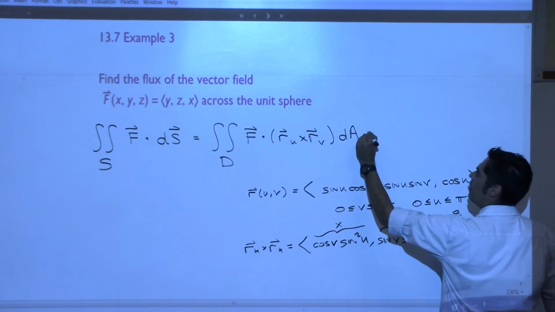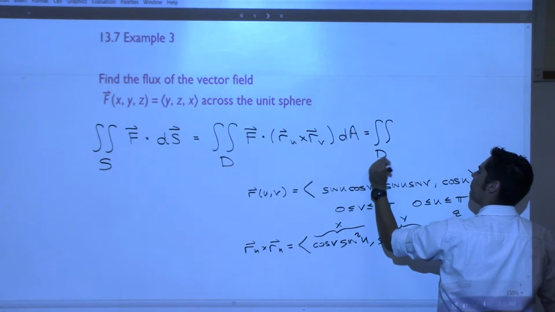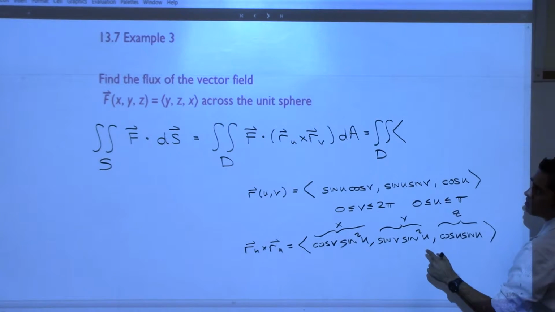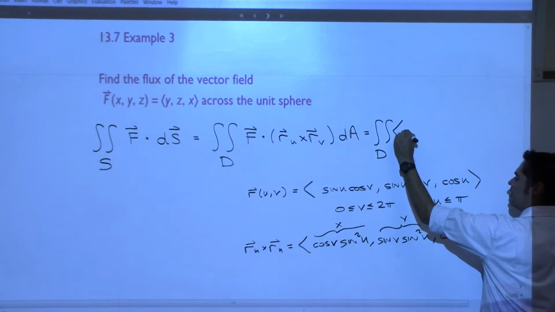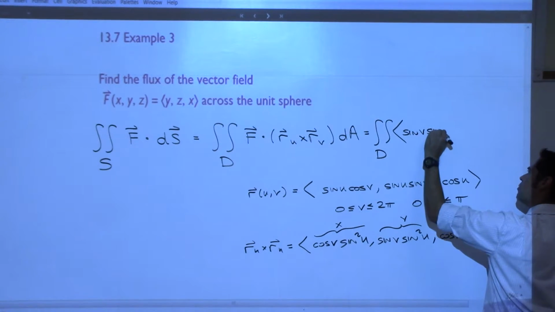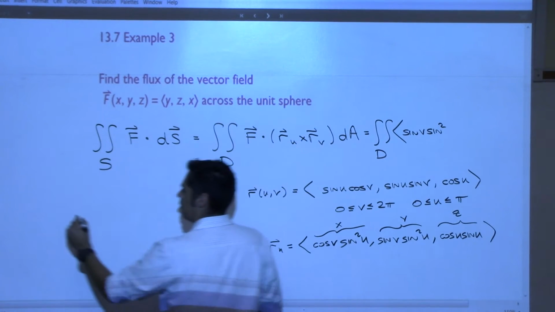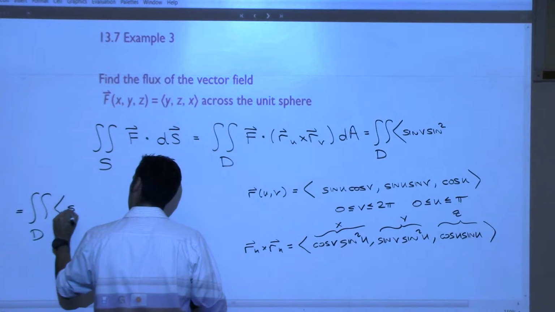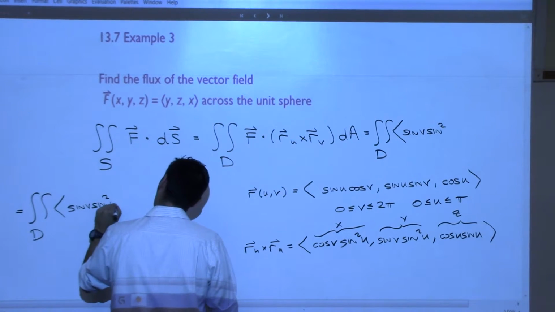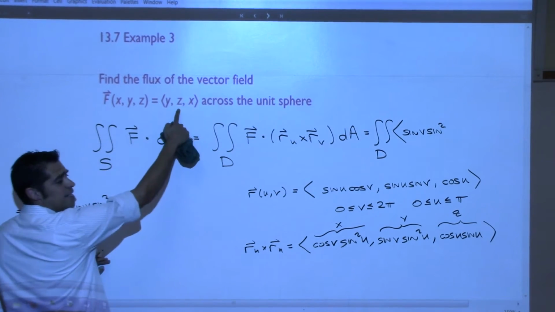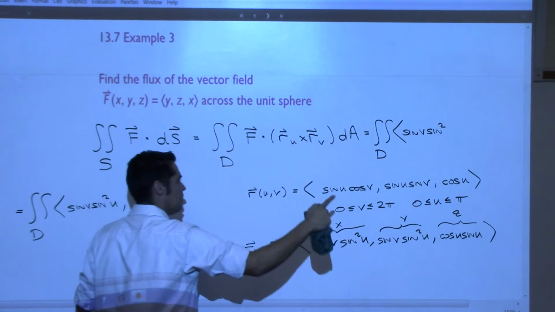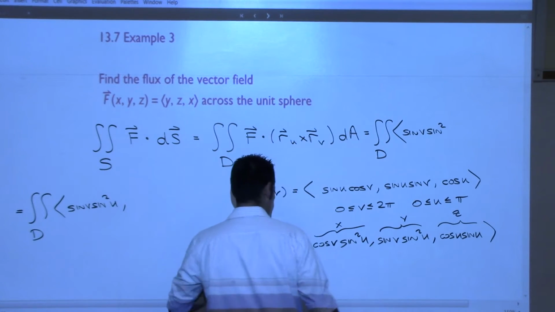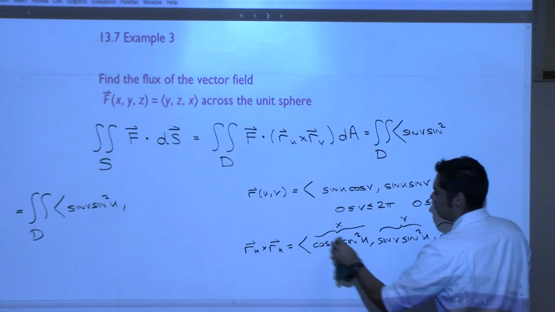So this double integral becomes a double integral over D. What is my vector field? It's y, which is sine V sine squared U. I'm going to run out of room. Now z, cosine U. Oh, hold on. Why didn't anyone catch that?